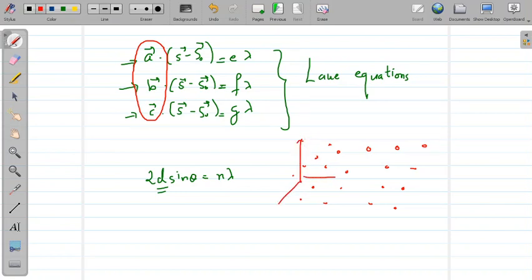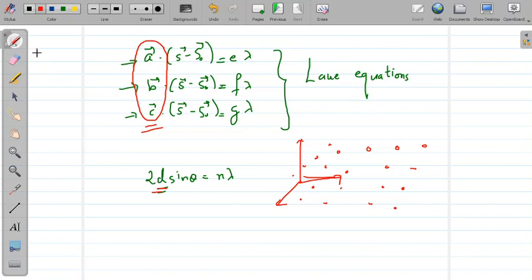In all three directions, you can arrange the atoms and create the whole crystal lattice. So that is why the Laue equation is more generalized than Bragg's equation. Bragg's equation only gives us the interplanar spacing, but the Laue equation actually gives us all the lattice parameters. I hope you understood today's session of deriving the Laue equations.